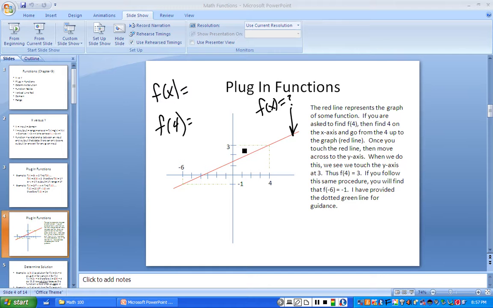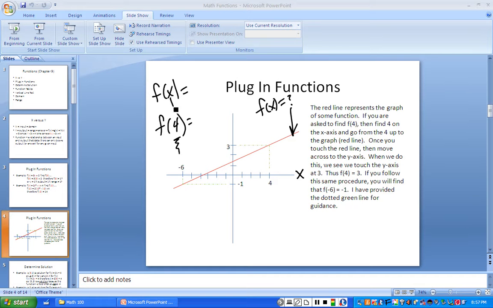Anytime you're given a graphical representation of a function and they want you to evaluate the function for some particular input, which is our 4, or our x, or our domain, we remember that our input represents the x-axis, and this is our x-axis.